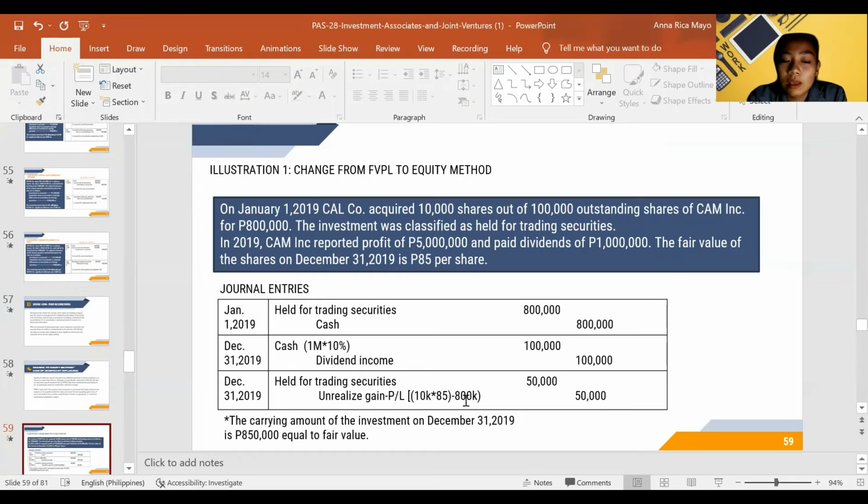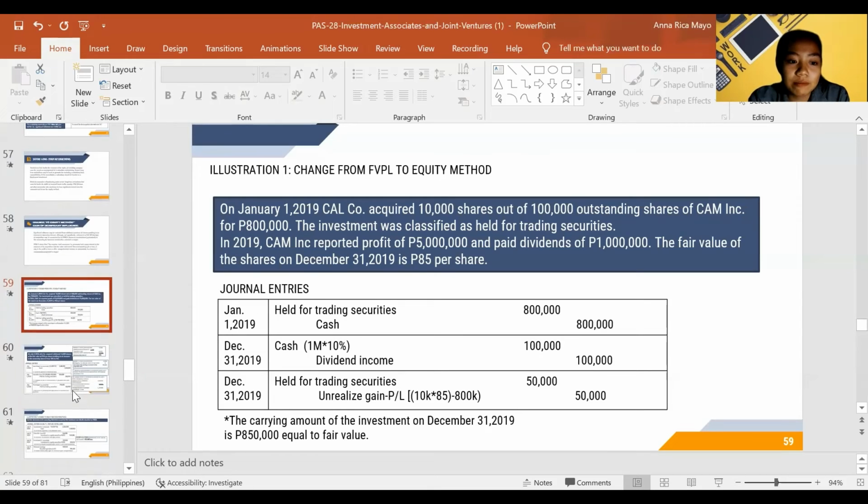Less mo yung 800,000 na pinangbayad mo. Kaya magkakaroon ka ng gain na 50,000. Dito, nakanote sa baba na the carrying amount on the investment on December 31, 2019 is 850,000, equal to fair value. Ito nga, 10,000 shares times 85 per share.